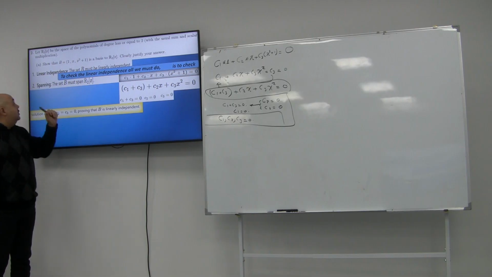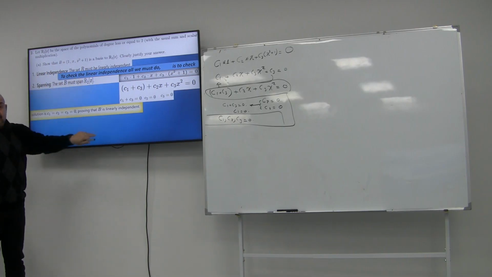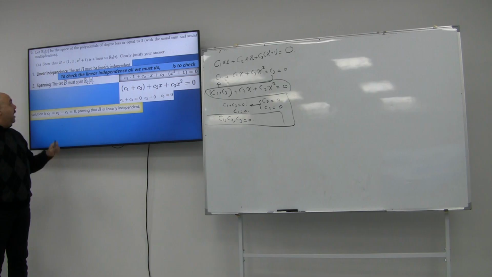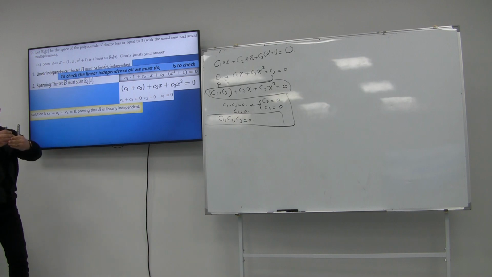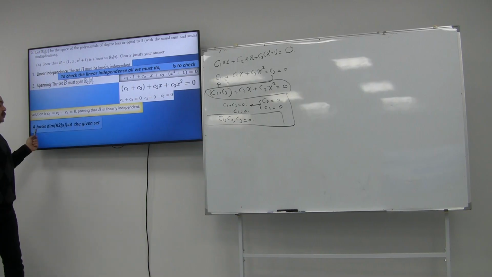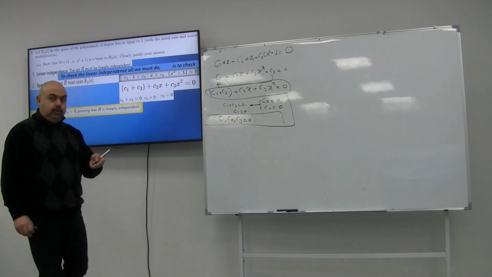How to prove the spanning? The first part was already very easy to prove. How to prove the spanning? That 1, x and x squared plus 1 span all the set of quadratic polynomials. All the set of quadratic polynomials will be a number plus something in x plus something in x squared. So all I have to do is to check the basis. I'm talking about the dimension, as I told you previously.